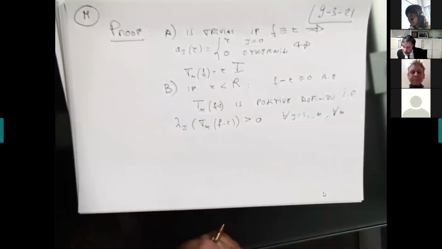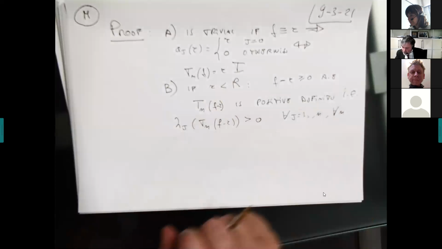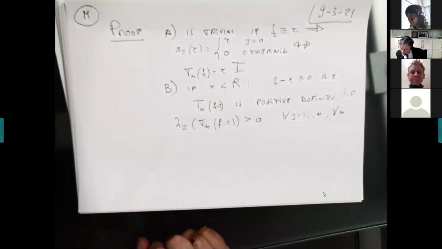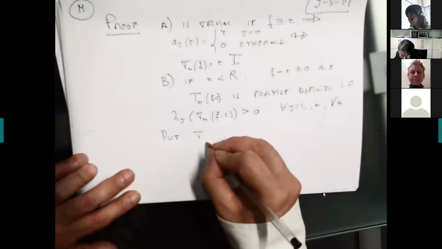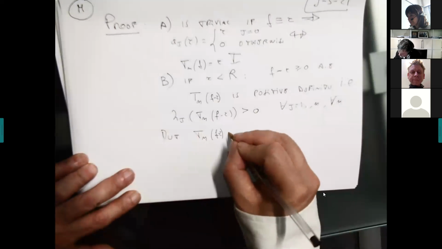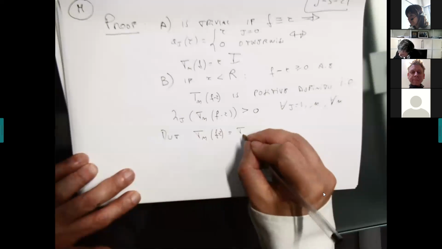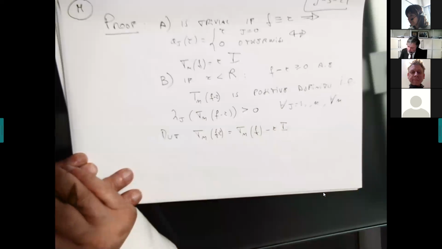So the function is not identically 0, and T_n(f minus r) is positive definite. Okay? But T_n(f minus r) is nothing else than T_n(f) minus r times the identity.